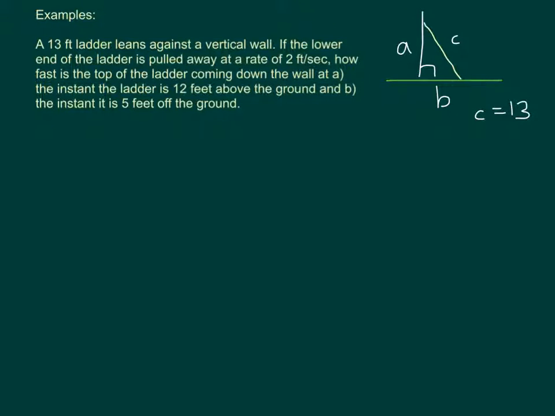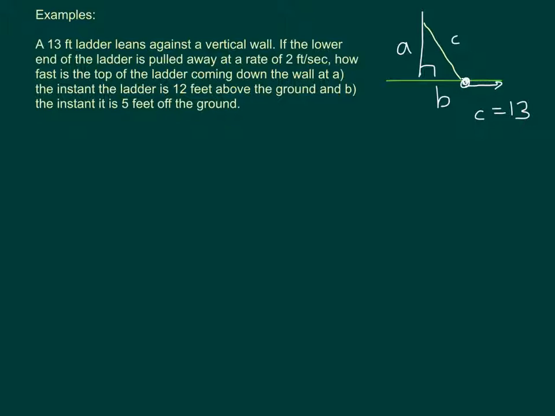And the lower end of the ladder is pulled away at a rate of 2 feet per second. Well, let's think about what that's telling us. The lower end of our ladder is right here. And if I take the end of this ladder and it gets pulled away from the wall, take a look at what's changing.